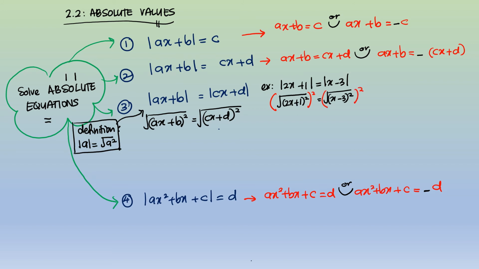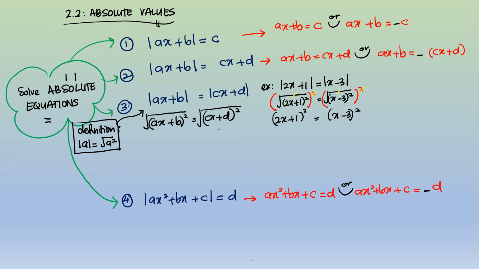Why do we square both sides? Because we want to cancel the square root and square. So you end up with bracket 2x plus 1 squared equal to bracket x minus 3 squared, because these two have cancelled each other.